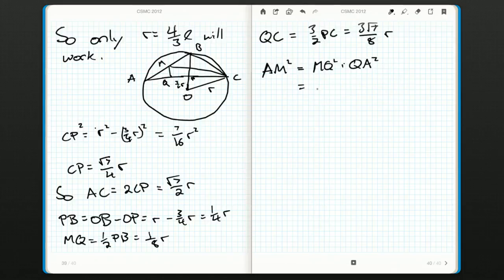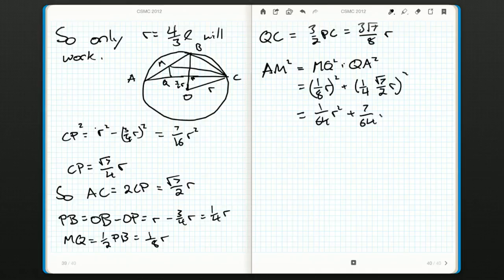MQ is 1/8 R, and QA is 1/4 of AC, which is root 7 over 2 R. That's 1 over 64 R squared plus 7 over 64 R squared, 1/8 R squared. So AM is going to be 1 over 2 root 2 R.